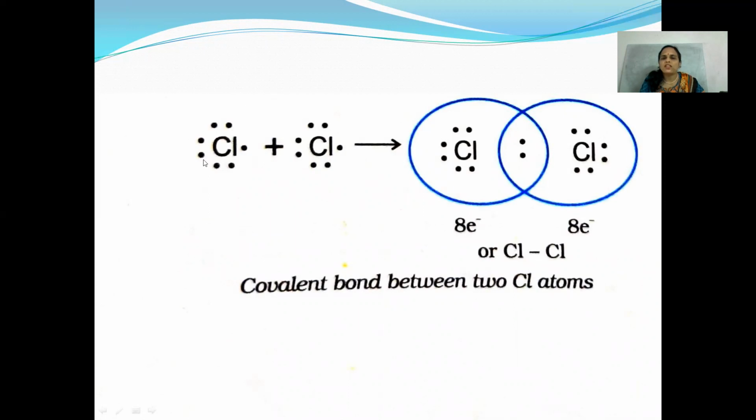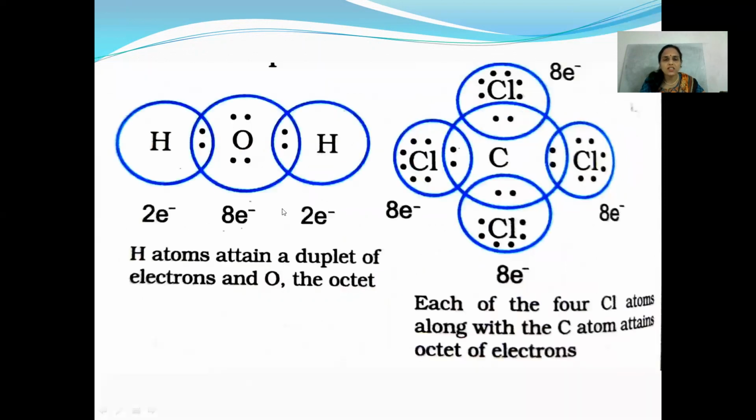Each chlorine has completed its octet by sharing of one electron, resulting in the formation of the Cl2 molecule, and a single covalent bond exists between two Cl atoms. Take the case of water, H2O. Each hydrogen has completed its duplet, and oxygen has completed its octet.